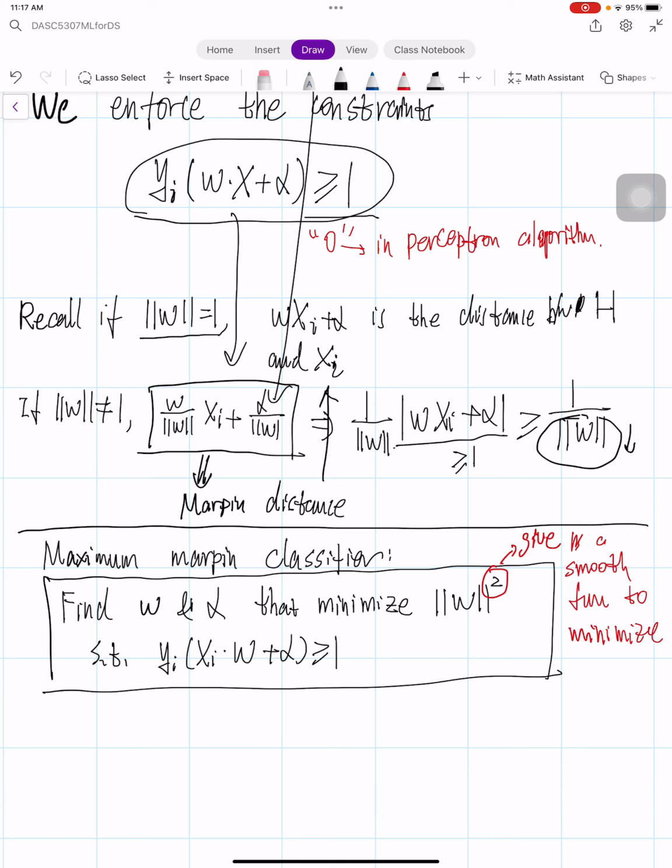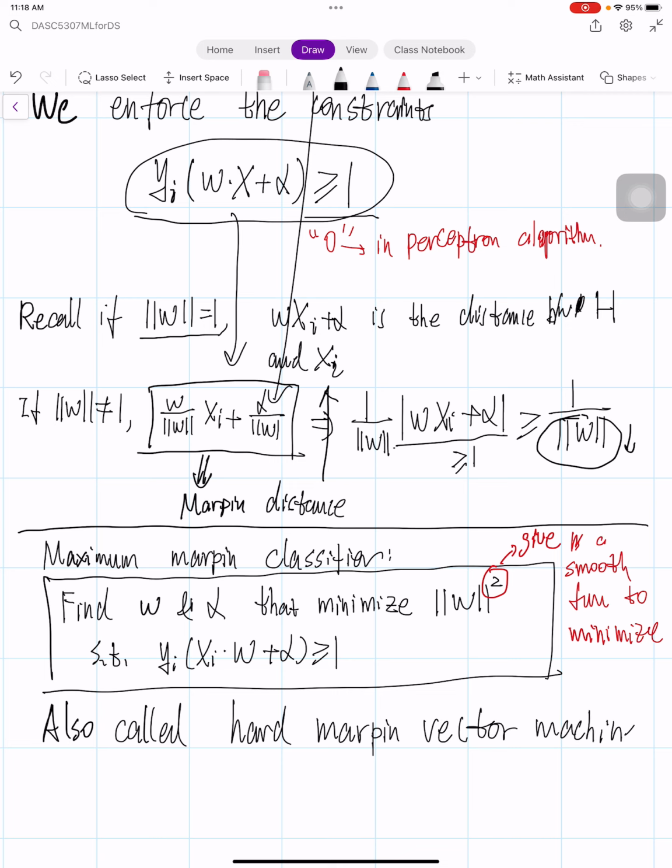This is also called a hard margin support vector machine. So in the future class, I will just use SVM to represent the support vector machine.